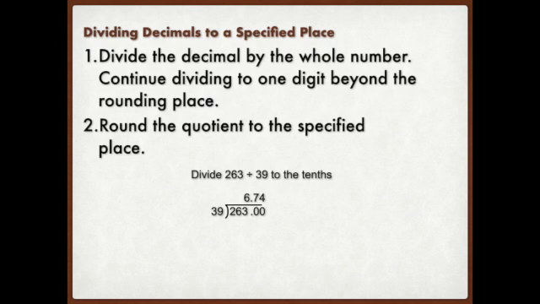So I have to keep dividing to the hundredths. So I can look at the 4 and see, is this greater than 5 or not? It's not. So it'll just be 6.7. Okay, so I want to round past that. I want to round past the tenths place to see, will I round up or down?